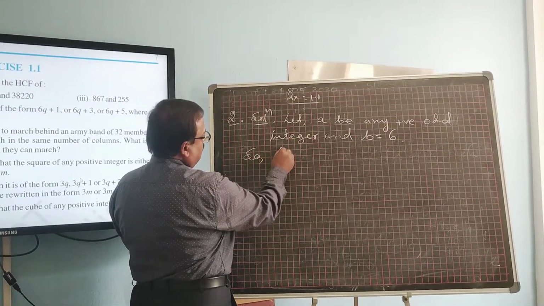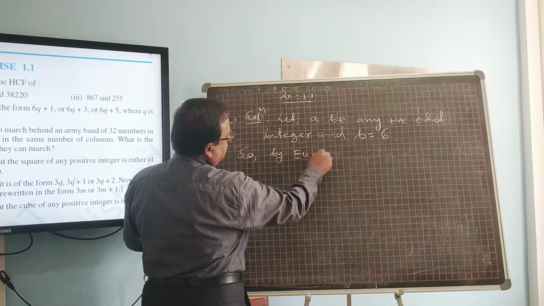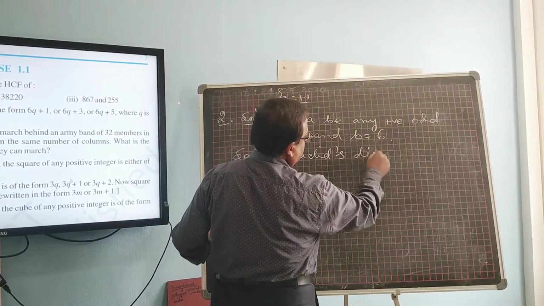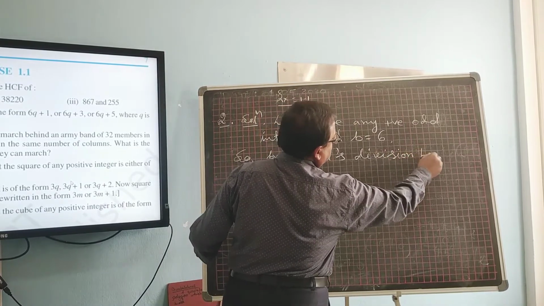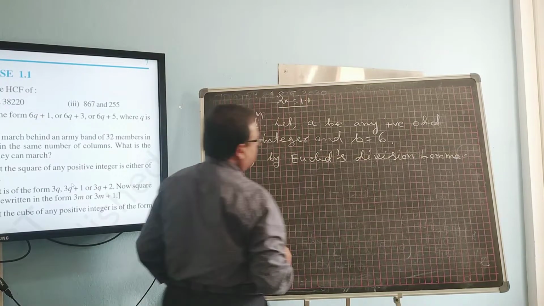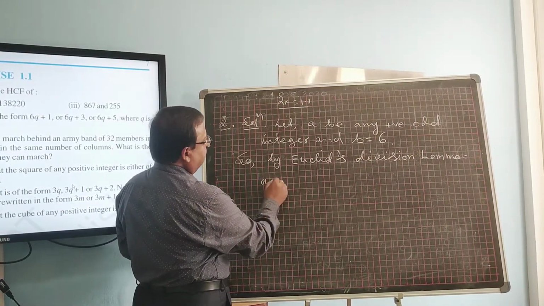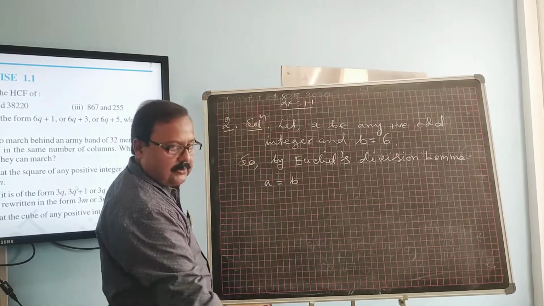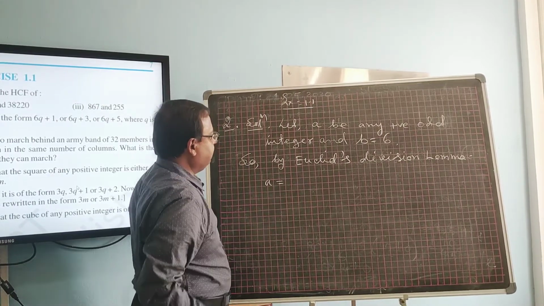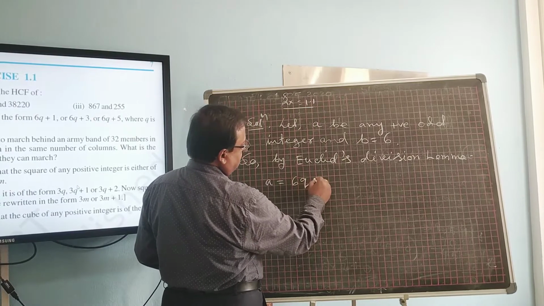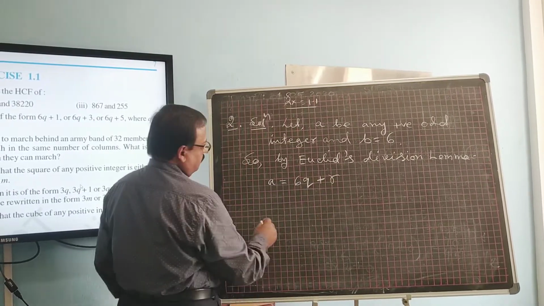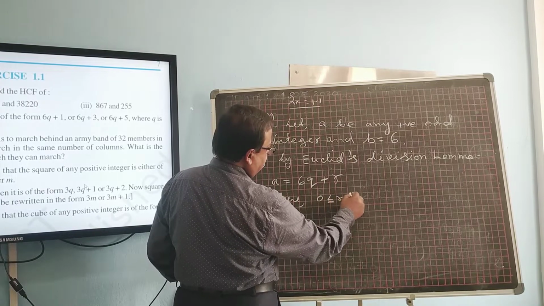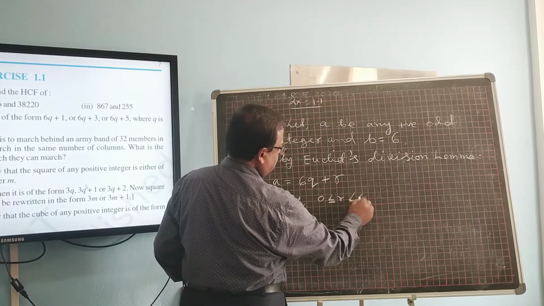So, by Euclid division lemma, we can directly write a equals 6q plus r, where 0 less than or equal to r less than 6.